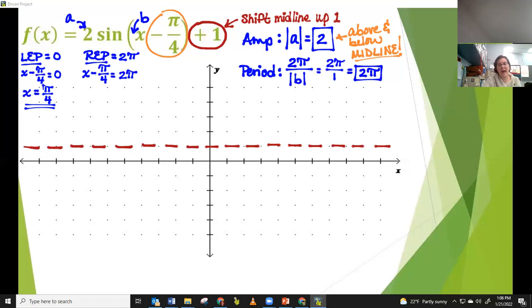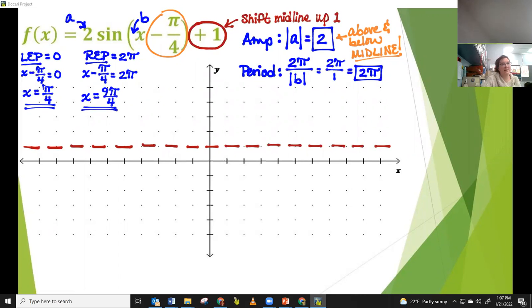What will I get here when I add pi over 4 to both sides? Nine pi over 4, thank you. Okay.